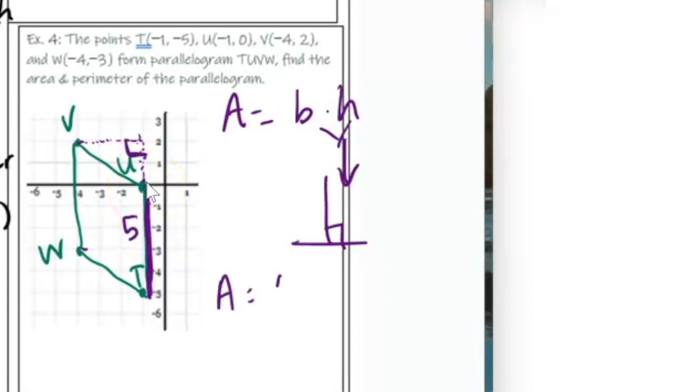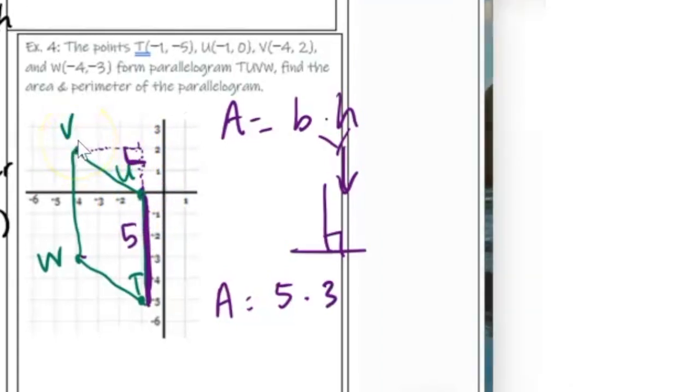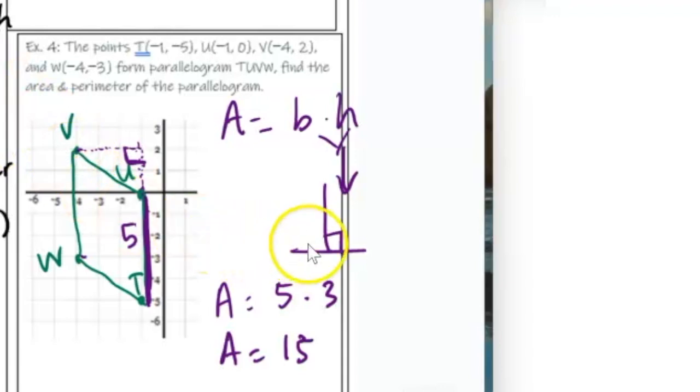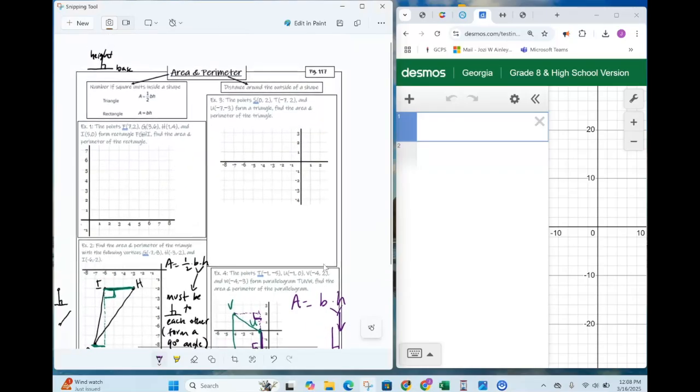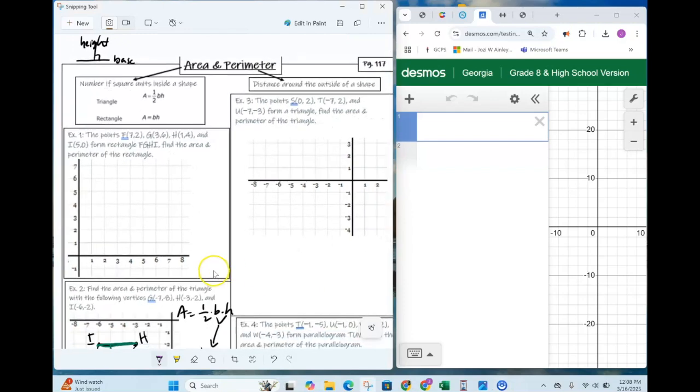The area is 5 times the height, which is the perpendicular distance to the base: 1, 2, 3. Sometimes the base and the height are outside the shape, sometimes inside; you just look for when they are perpendicular. That's how you find area. Please find the area of these two. All right, let's practice.